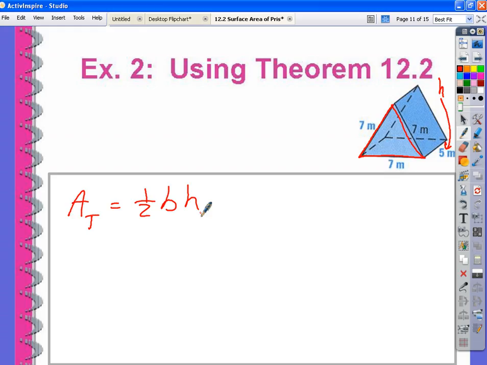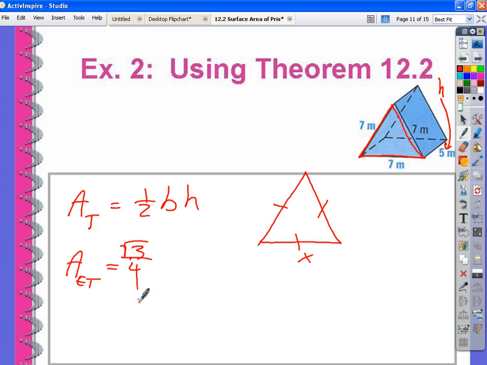The area of an equilateral triangle is equal to the square root of 3 over 4, always, times x squared. Okay? Square root of 3 over 4 times the side length squared is a good shortcut when you're calculating the area of an equilateral triangle, a regular triangle.